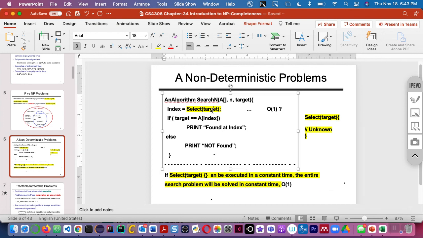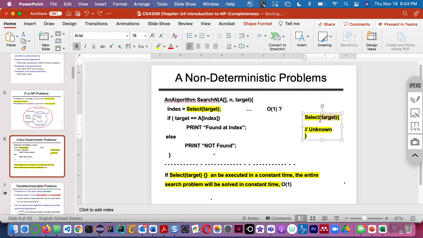But we can assume, for instance, that there is a function. Today we don't know how to write this method, but maybe a few years later some programmer can write it. Today it is unknown to us, so this is called non-deterministic.